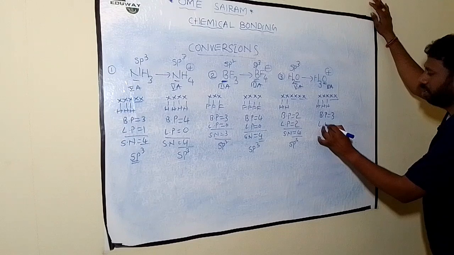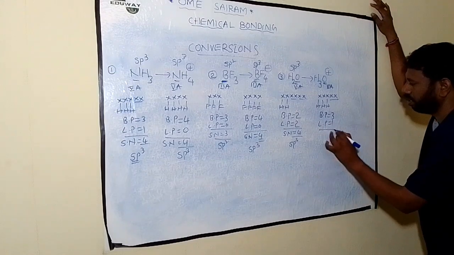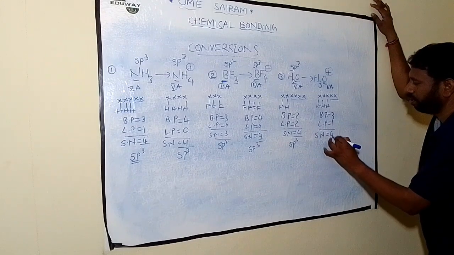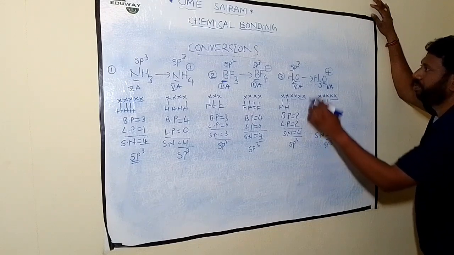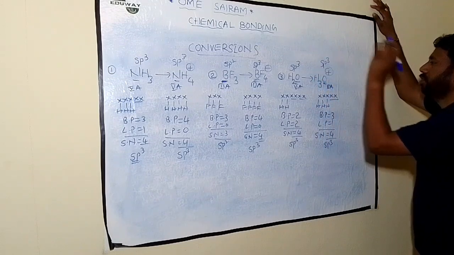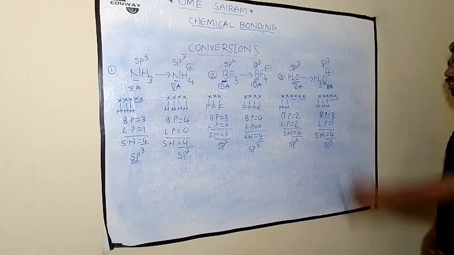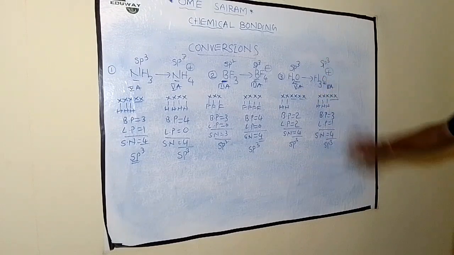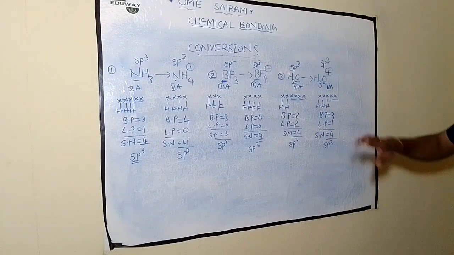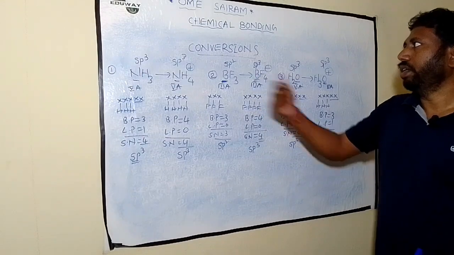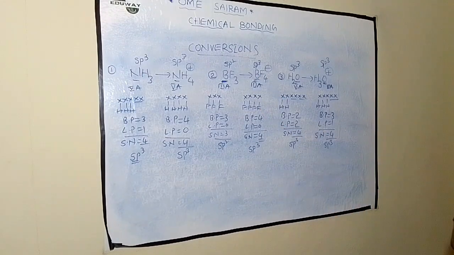Bond pairs 3, lone pair 1. Steric number 4. Hybridization should be sp3. Here also the hybridization should be sp3. In this conversion there is no change in hybridization. In this way we can find out hybridization in the conversions.